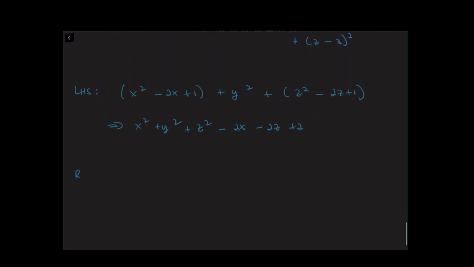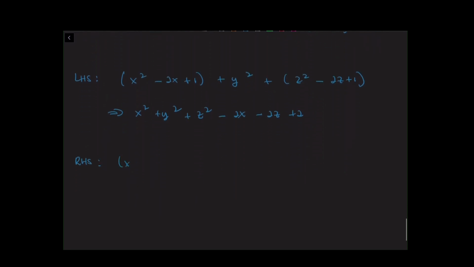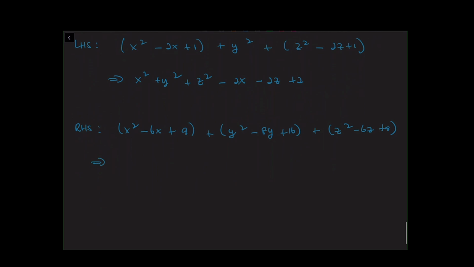Let's do the right hand side now. So I'll get x squared minus 6x plus 9 plus y squared minus 8y plus 16 plus z squared minus 6z plus 9. Simplify this now: x squared plus y squared plus z squared minus 6x minus 8y minus 6z plus 34.